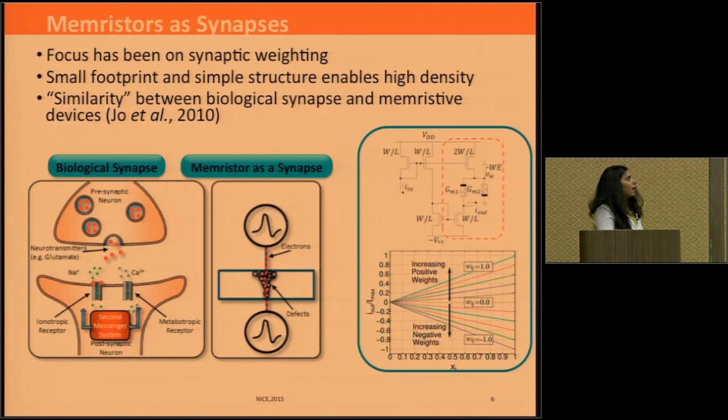So how we are really using these memristors in neuromemristive systems, or in, I think, a lot of neuromorphic systems, the key focus is on using these as synapses. So here is a biological synapse and the corresponding memristor synapse.